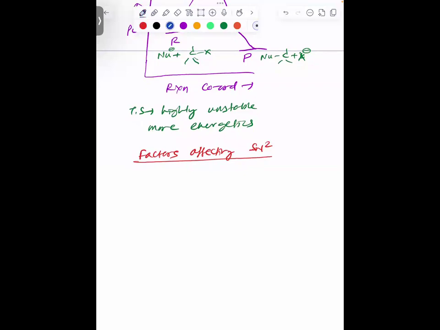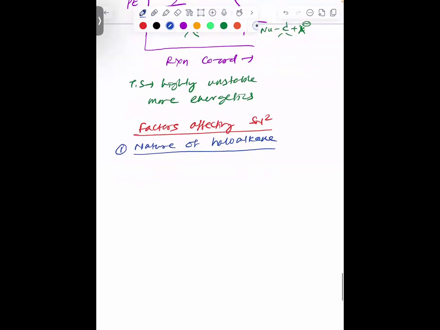So under that, first, nature of haloalkane. We discussed the factors in SN1, now let's see the factors in SN2 also. First of all, nature of the haloalkane. So how can the haloalkane affect the SN2 reaction?